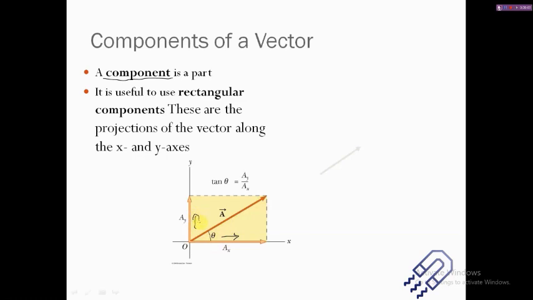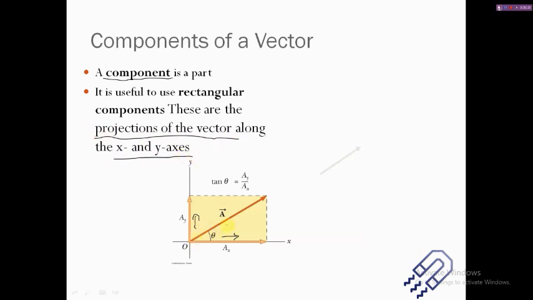The question is how much distance it has covered along the x-axis and how much along the y-axis. For that analysis, we use something called the components. The component is nothing but the projection of the vector. This is only a technical term, don't think it's very complicated. It is basically the projection of the vector along the x and y axes. It is very much logical.